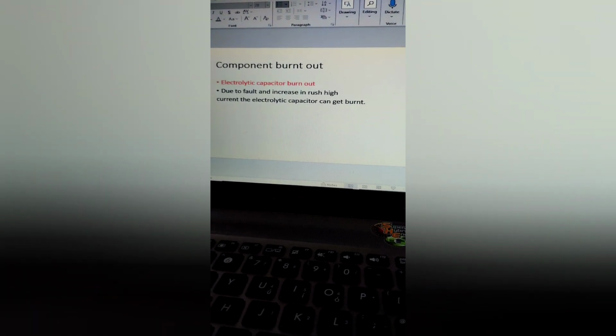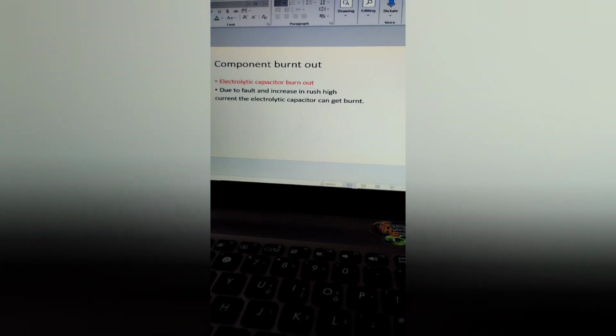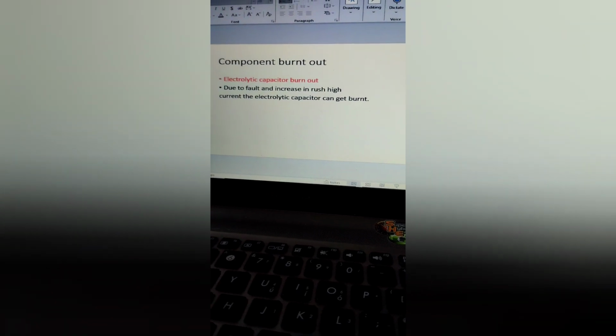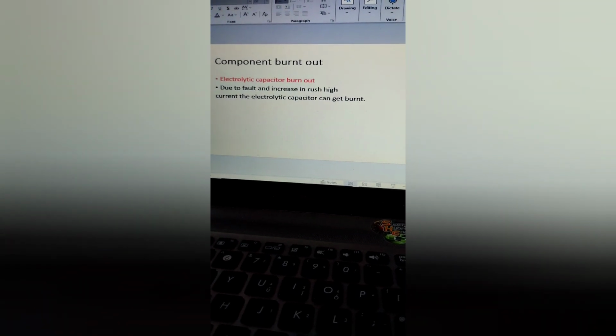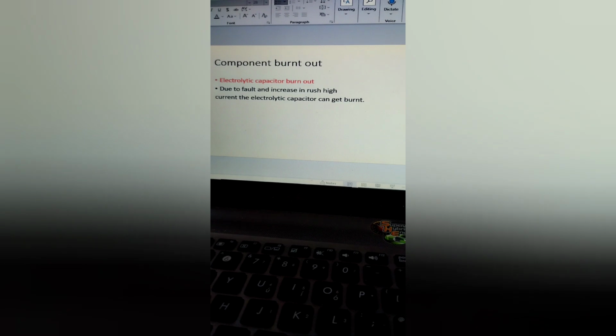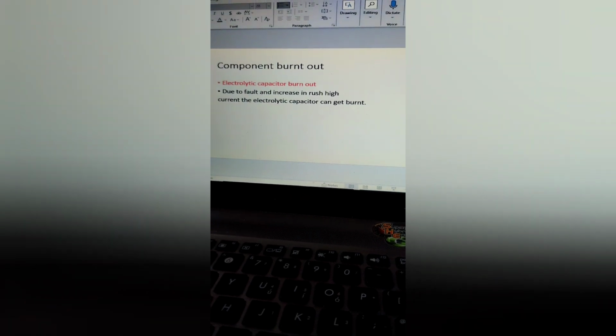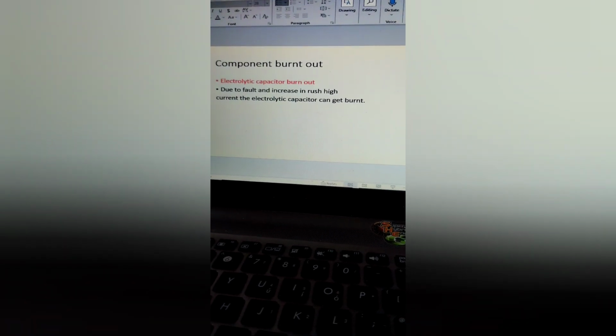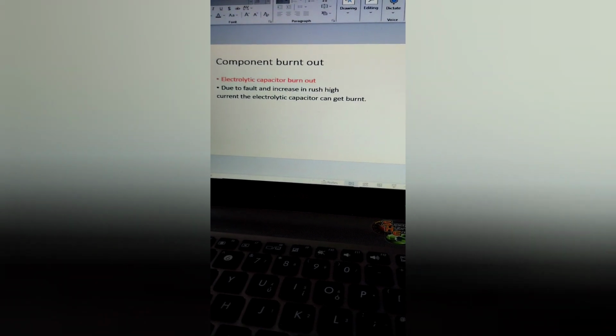So when you find out that anything is bent, or maybe some of the tracks also has bent out, or even a fuse, you only have to remove the bad one or the faulty one or the bent out one and replace it with a working one. Just make sure that the voltage and then the currents are the same. If it's a capacitor, you have to replace with the same capacitance and voltage so that the system can work perfectly well.